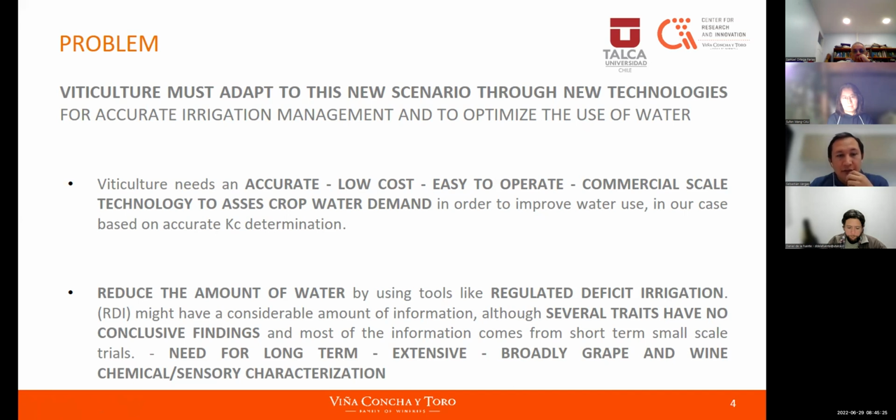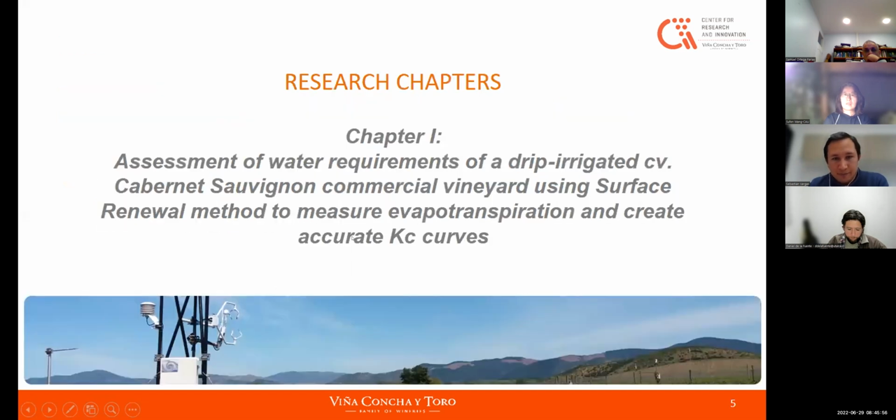The other topic is reducing the amount of water by using tools like RDI, regulated deficit irrigation. Even though we know a lot and have a considerable amount of information, several traits of the impact on grapes have no conclusive findings, so we need more research on that. Those are my two main topics. Today I will focus on the commercial use of surface renewal as a tool to assess water demand.